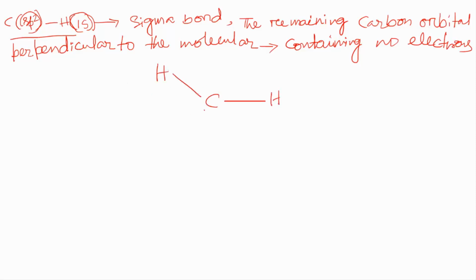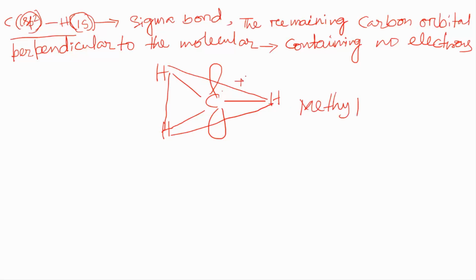We are talking about the methyl carbonium species, where you end up getting the methyl carbonium cation, in which all the CH bonds are sigma bonds.